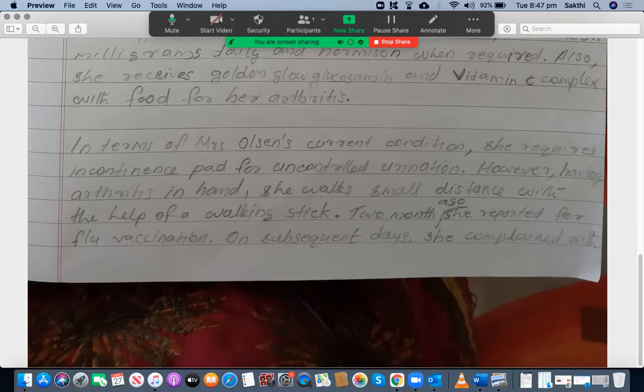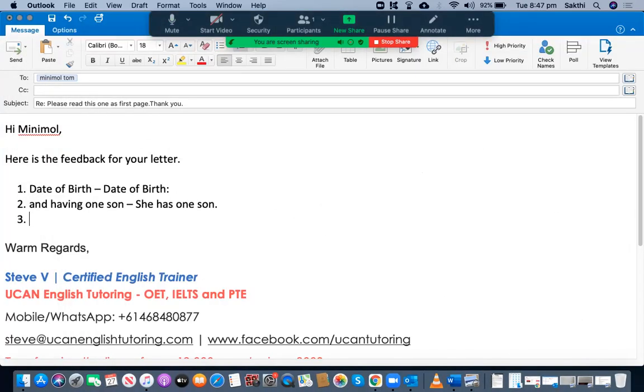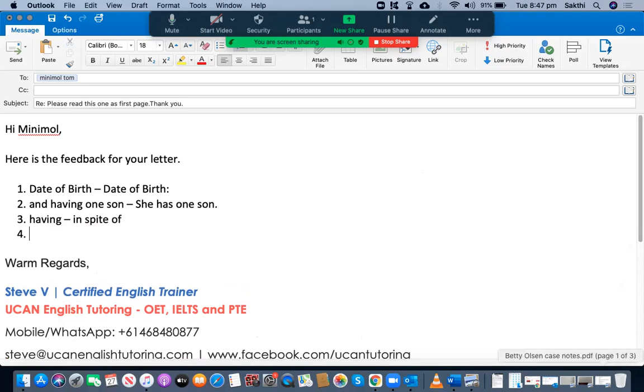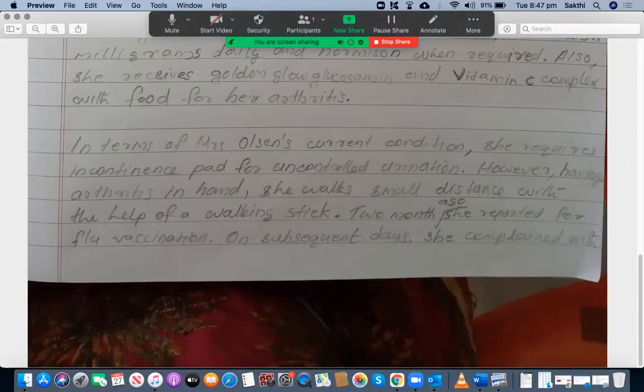So instead of saying "having," it's better to say "in spite of." That is more appropriate actually. All right, let's go to the next one.